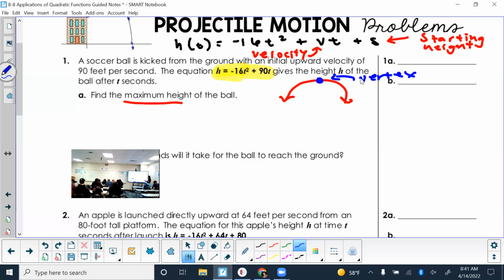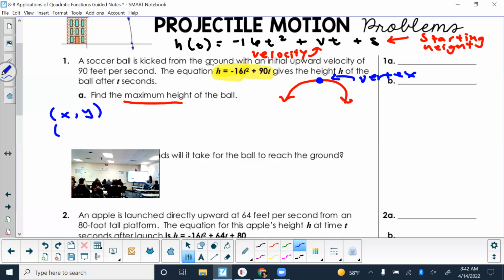So if I can find the vertex, which is normally in the form xy, then I can find my maximum height of the ball. They don't use x and y's in this given formula though. What letter is in the place that the x normally is?